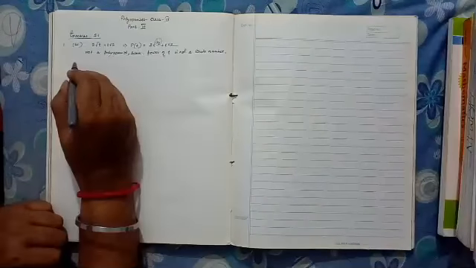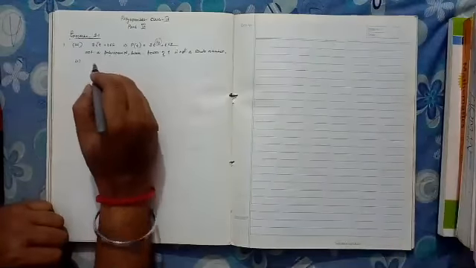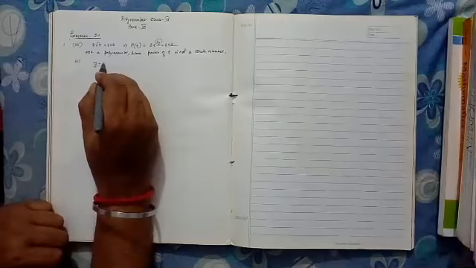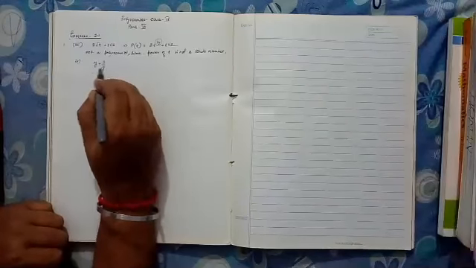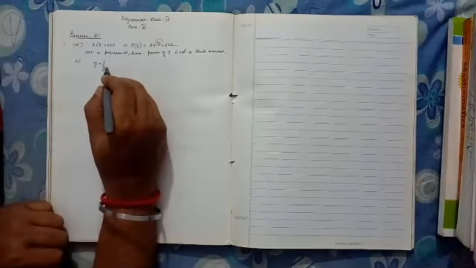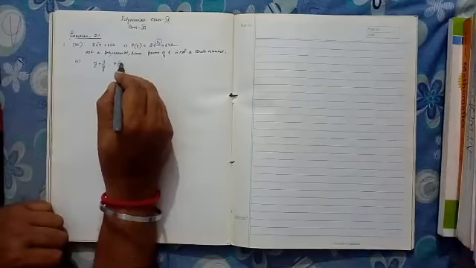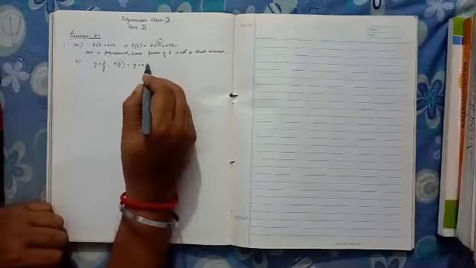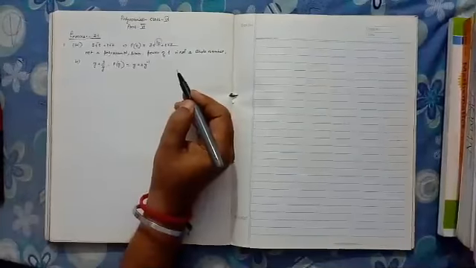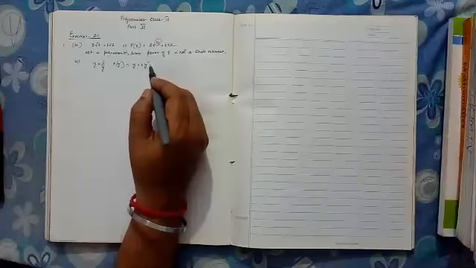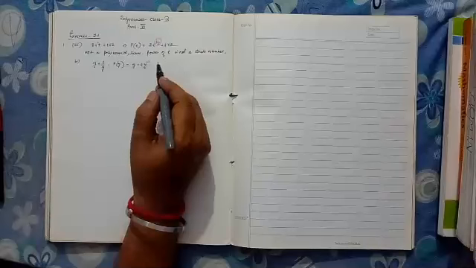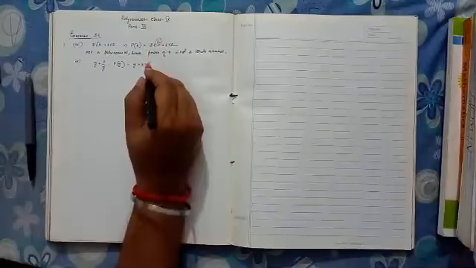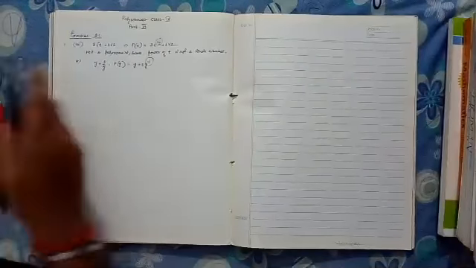Then I am doing 1/4. Y plus 2 by y. That is p of y in terms of y is equal to y plus 2y to the power minus 1. Again, y to the power minus 1. This power should not be negative.